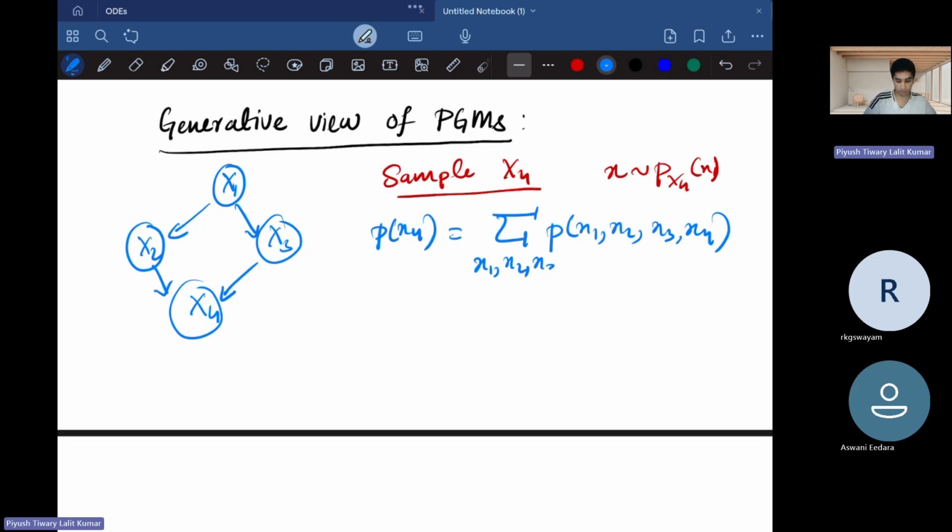So this is your marginalization of random variables. The only quantity of interest is x4, and so you marginalize out all the others. That's simple probability.